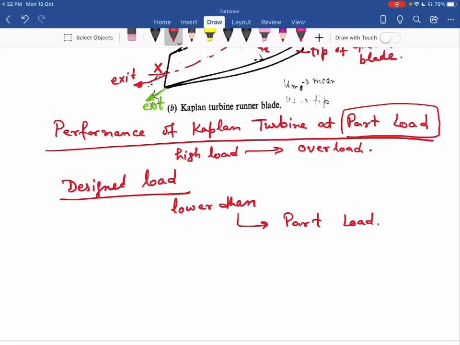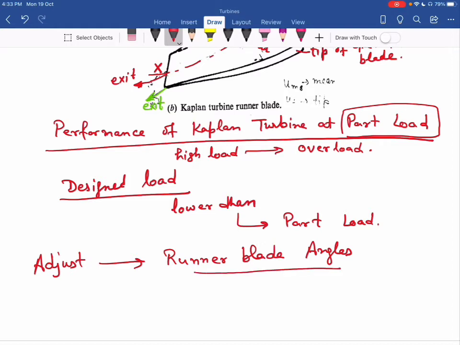Now you can see the Kaplan turbine runner blade angles. Now, how can we adjust these turbine blades? In case of Kaplan turbines, we can adjust the runner blade angles. By adjustment of runner blade, I mean I can adjust the runner blade angles.